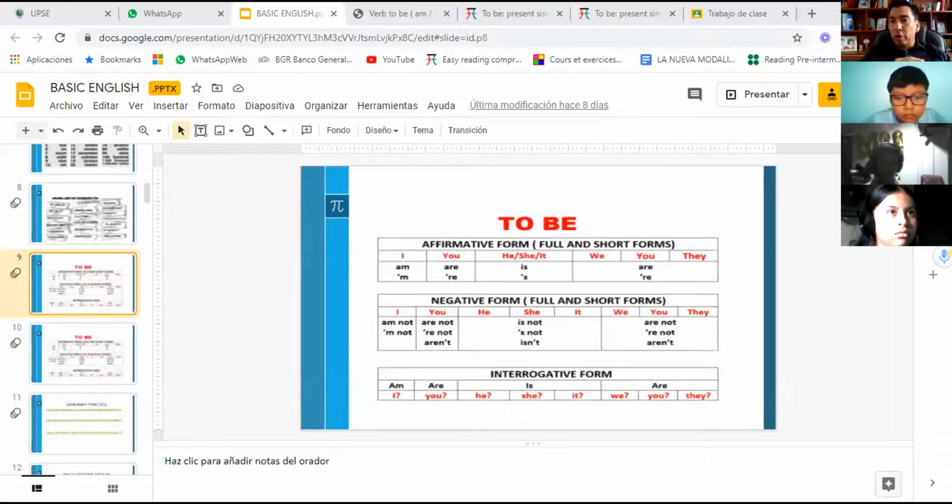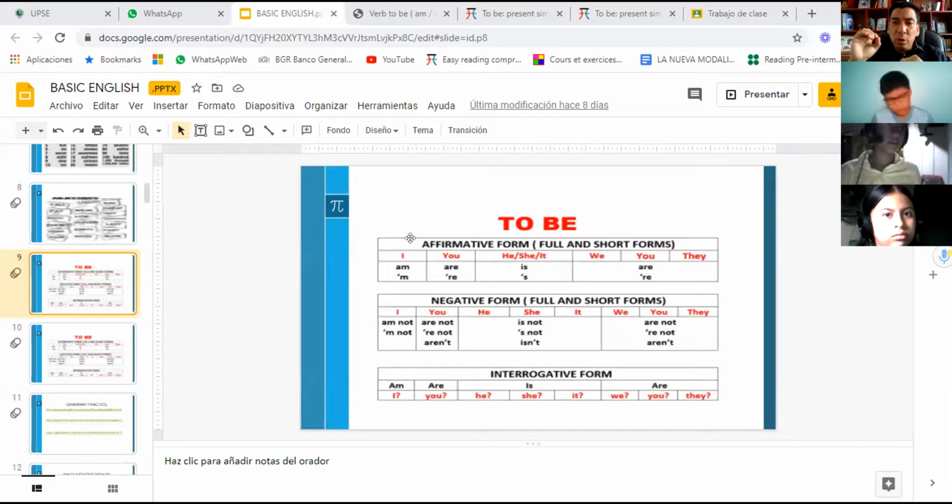This is what we are going to do today. Today we're going to study probably the basic of English. There is nothing more basic than the verb be, or verb to be.